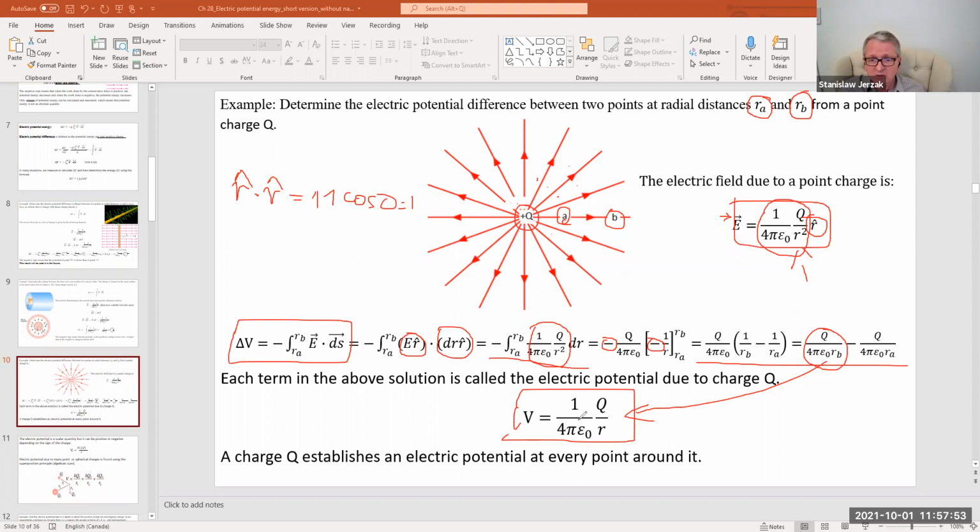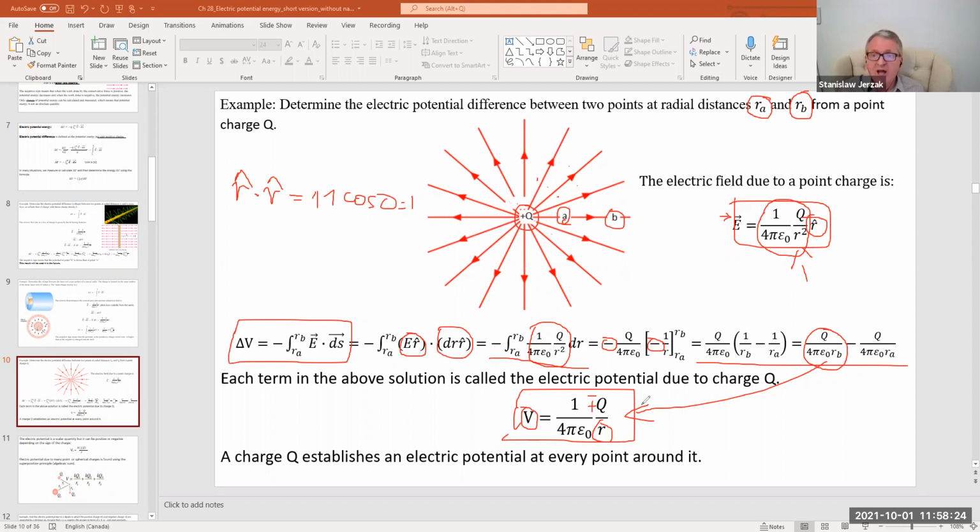This electric potential depends on the distance r, not r squared. If q is positive, potential will be positive, but if q is negative, then V will be negative as well. Positive charges produce positive potential, negative charges produce negative potential.